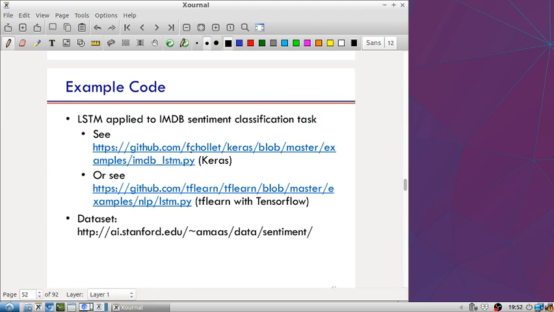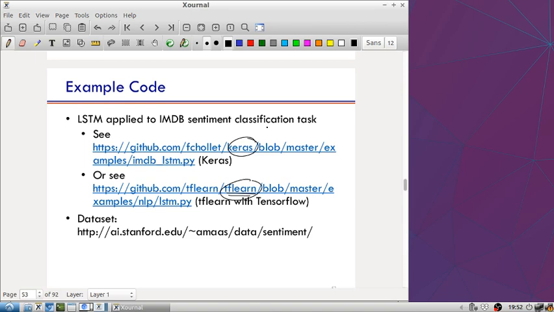There are a couple of example codes from Keras, and TFLearn is a package on top of TensorFlow, just like Keras. But if you want to study at the level of TensorFlow, the TensorFlow examples also have a sequence-to-sequence learning tutorial page. You can look at it. The Keras one is quite short code, so you would think it's a very easy thing.